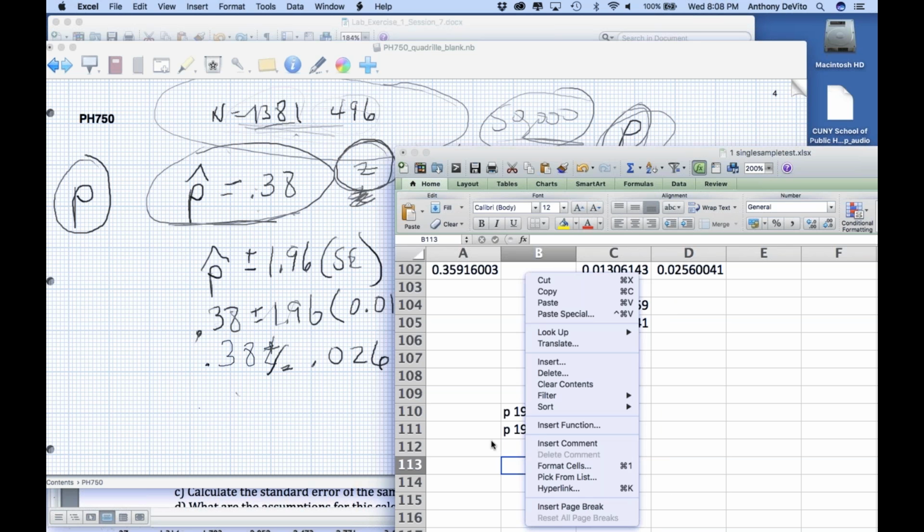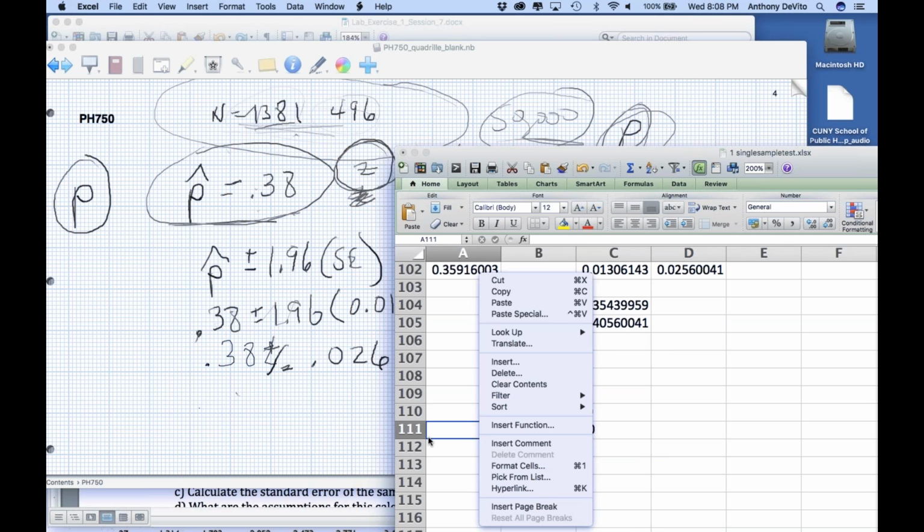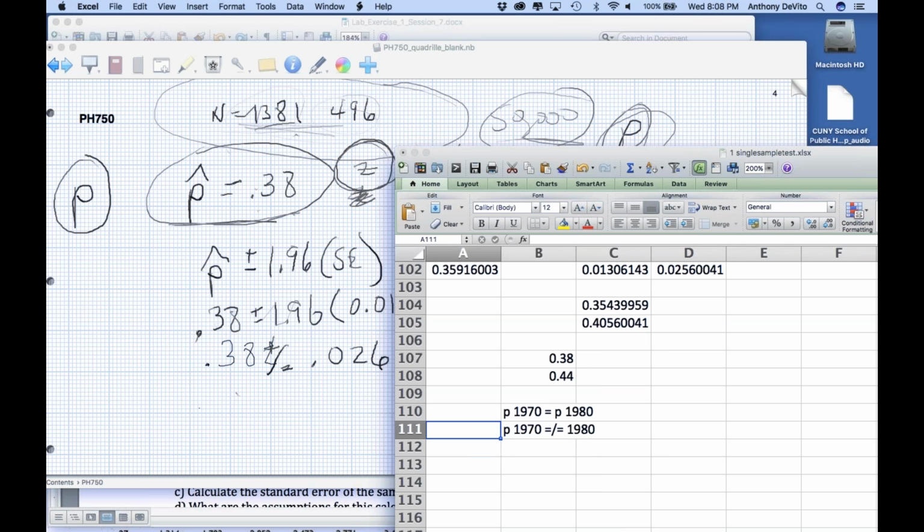Okay, so let's calculate what our z value is for the difference between these two proportions. We don't know p, but we know p cap for each of those years. So we're going to say p cap for one year, which is 0.44, minus 0.38. How many standard errors apart are those? Well, I have to divide by the standard error, which was equal to 0.025.